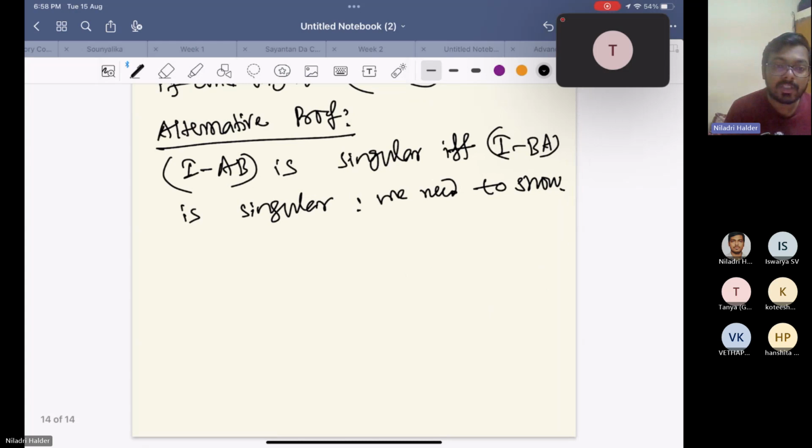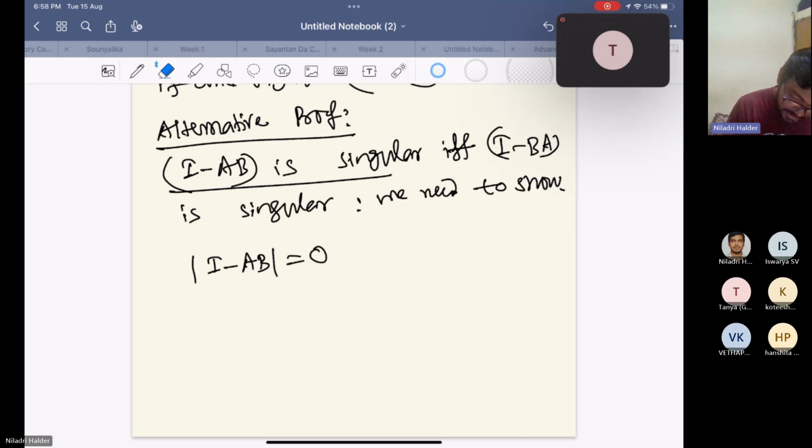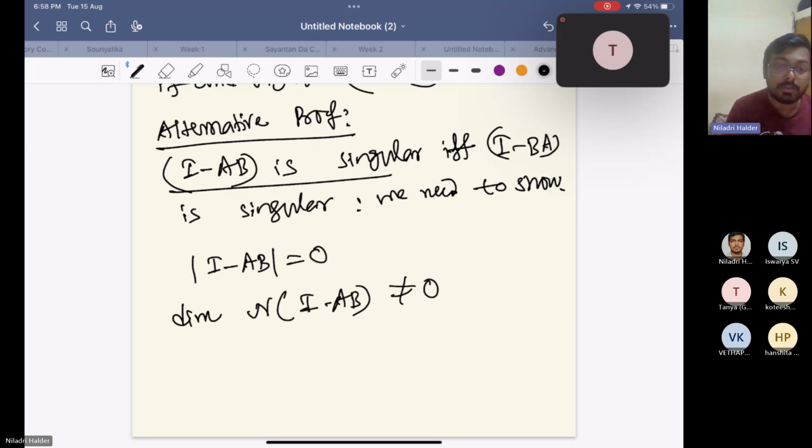I minus AB is singular means the determinant of I minus AB is equal to 0. That means the dimension of the null space of I minus AB is not equal to 0, so the null space can exist.